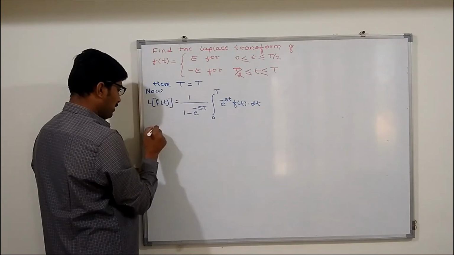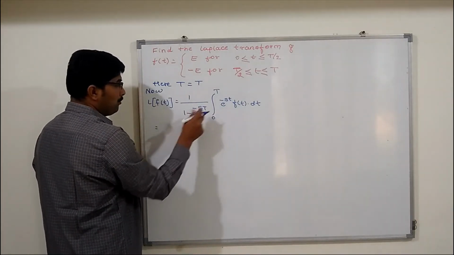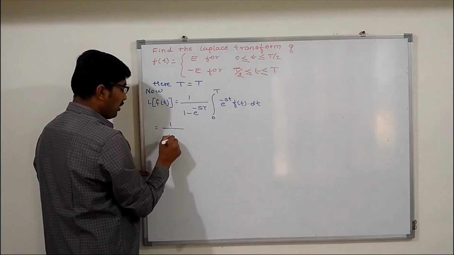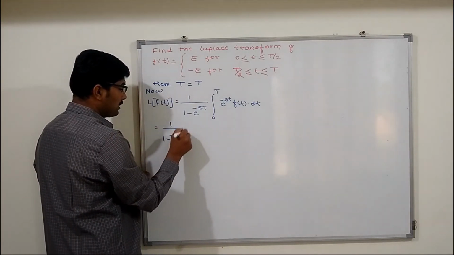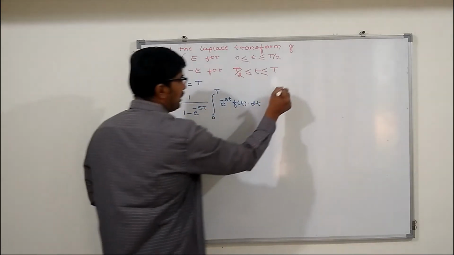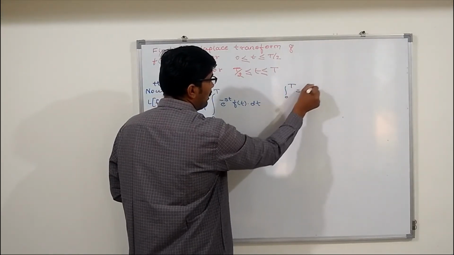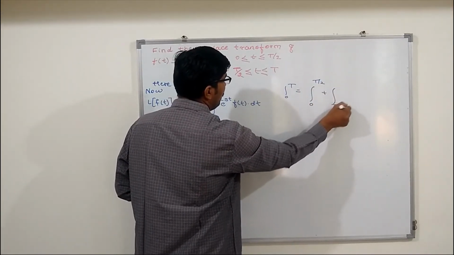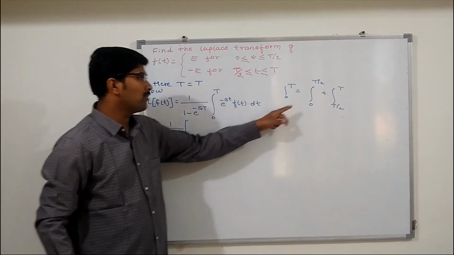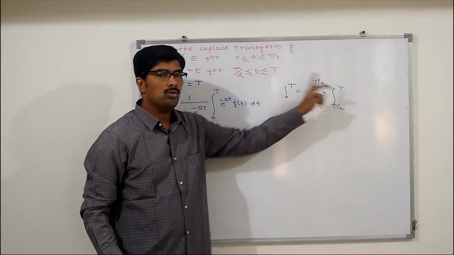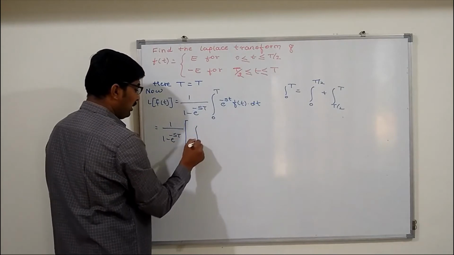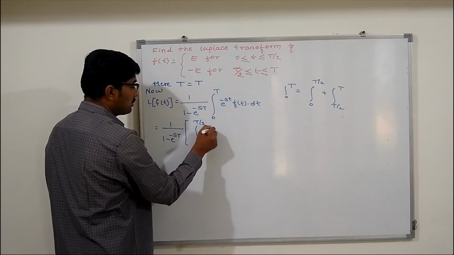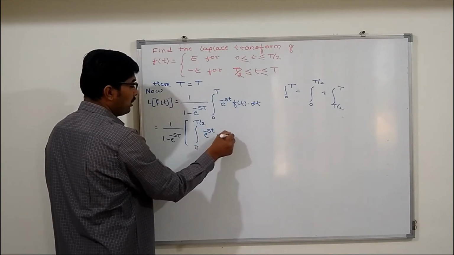So this is the formula. Now here we can split, because if you put t equal to T, you will get the same term again. Now 1 divided by 1 minus e raised to minus sT, into bracket. This integration 0 to T, we can write as integration 0 to T by 2 plus integration T by 2 to T. We can split it in two forms, 0 to T by 2 and T by 2 to T. So here I will write integration 0 to T by 2 e raised to minus st f(t) dt.